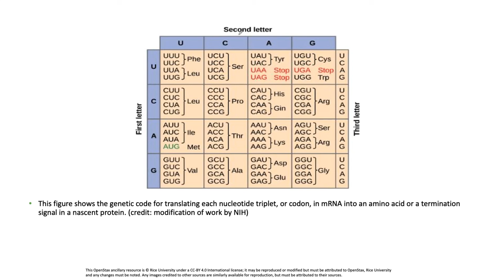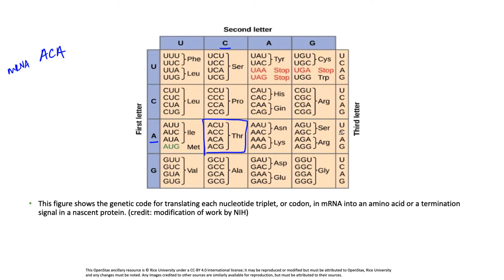So let's say, let's just make up one here: A C A. So what we would do is we would come here. This is the mRNA sequence, and we want to know what amino acid that particular codon codes for. So we go first letter A, second letter C, so that's bringing us right into this box here, okay?